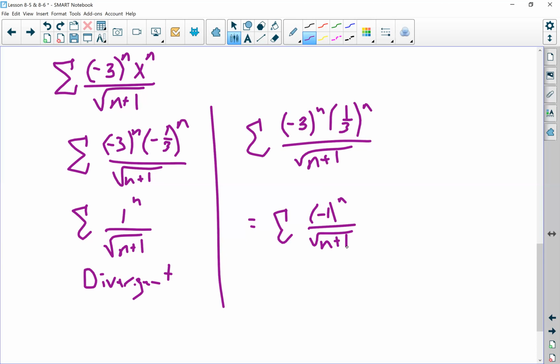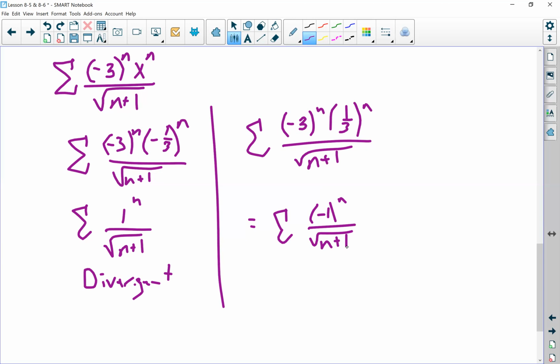Is that convergent or divergent? Give you a hint. 99 times out of 100, if you have negative 1 to the n, you have an alternating series, so it alternates between positive and negative. It's going to be convergent.